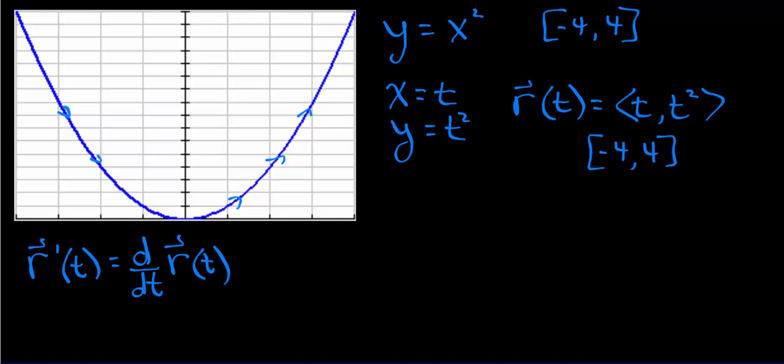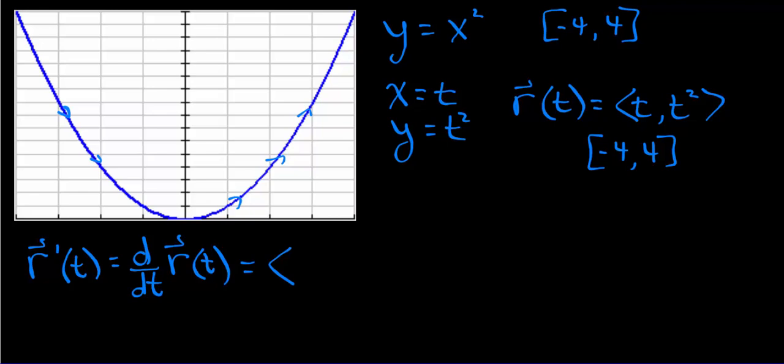What we're going to find is that it just involves taking the derivative of each component of this vector valued function. Remember, you think of a vector valued function as a package of functions. It has a function for the horizontal component and for the vertical component.